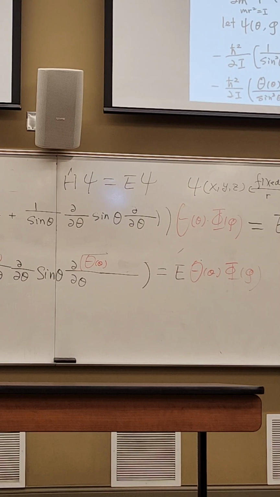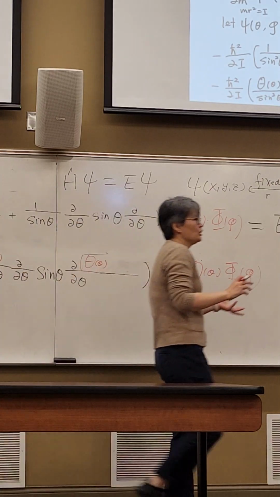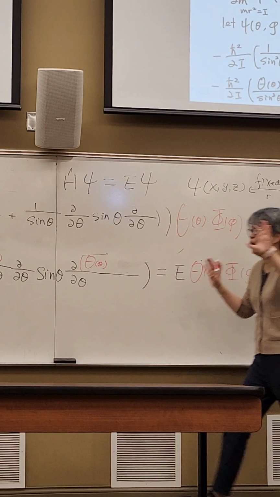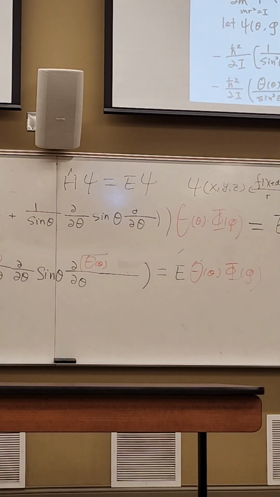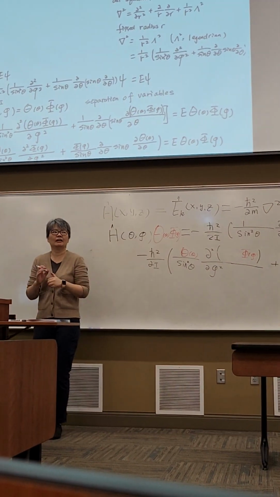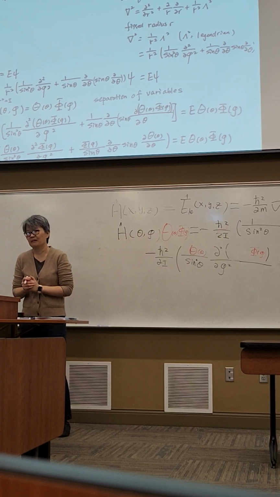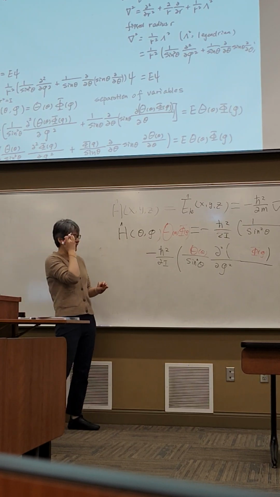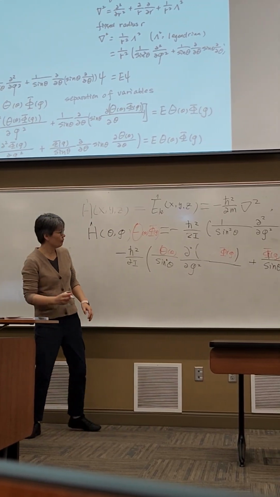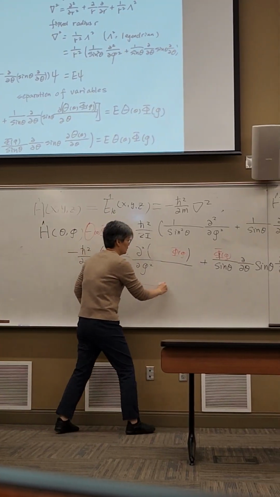Okay, now I said the trick for you to do the separation of variables is you'll be able to plug into your expression terms, parts of your expression, that only depend on one variable, and the other part only depends on the other variable. So let's try it out here. Look at this term here.